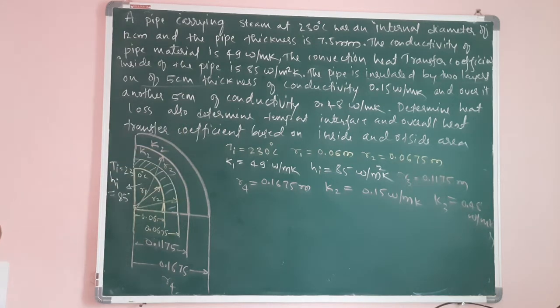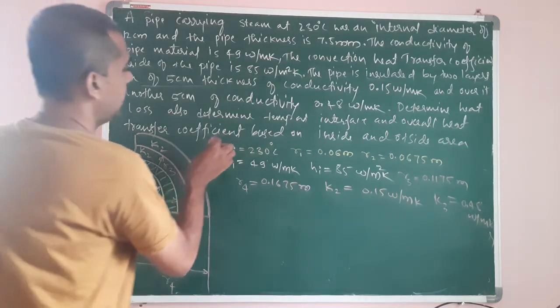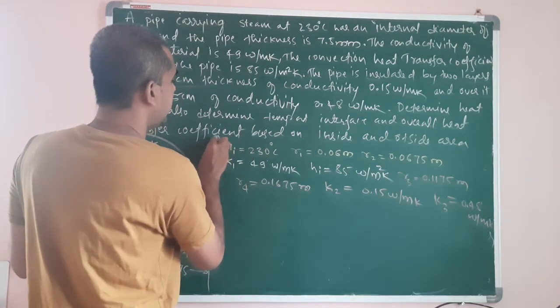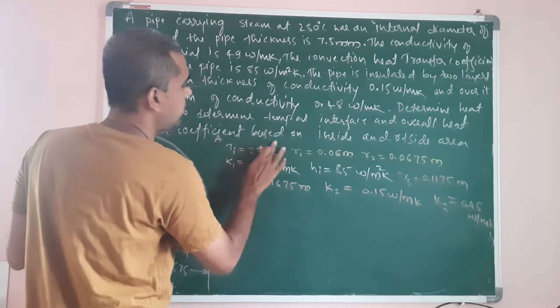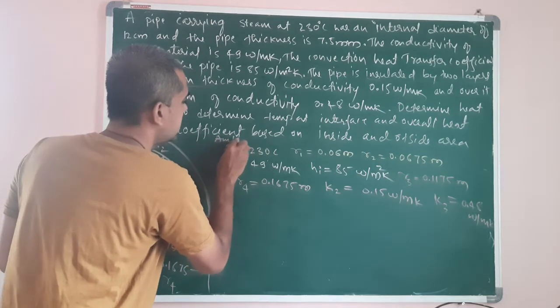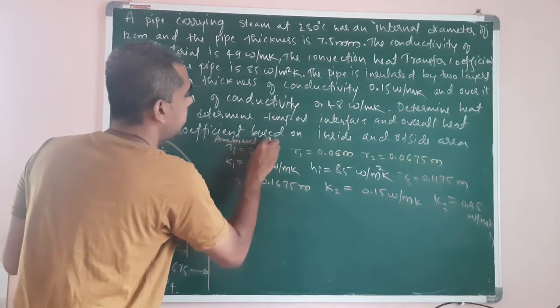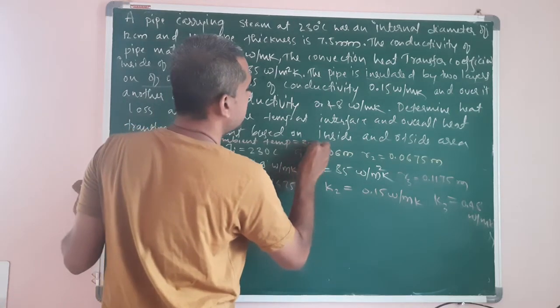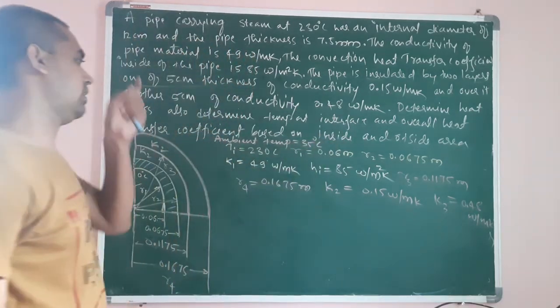One more statement in the problem is missing, that is the ambient temperature. I have missed that. In the problem only, the ambient temperature is equal to 35 degrees Celsius.